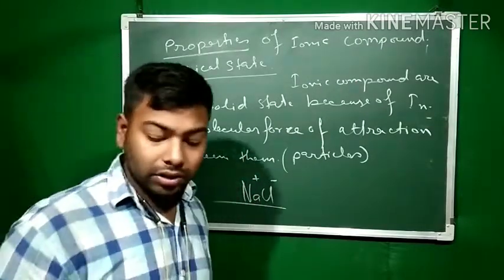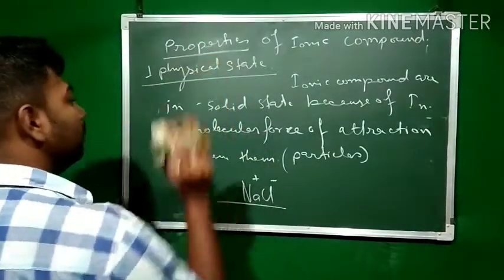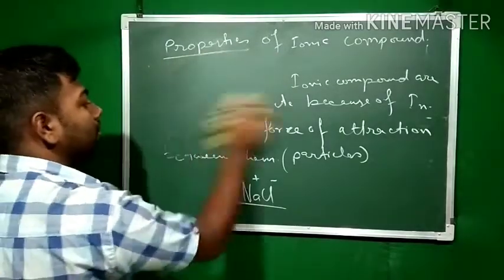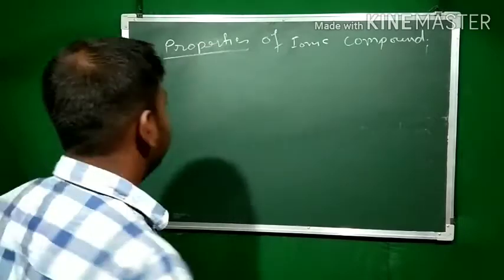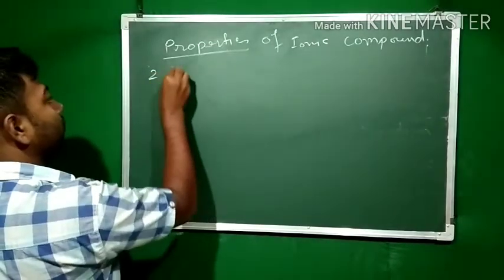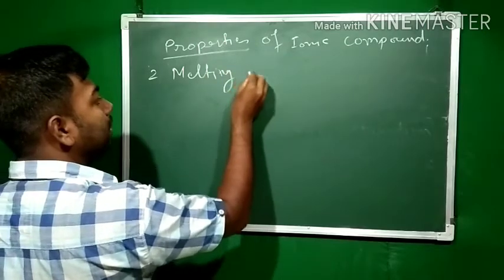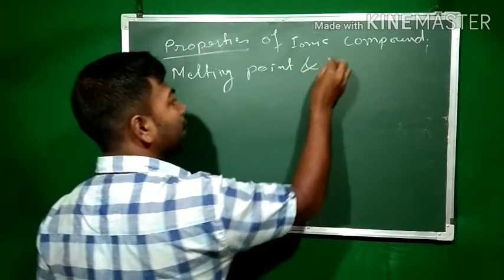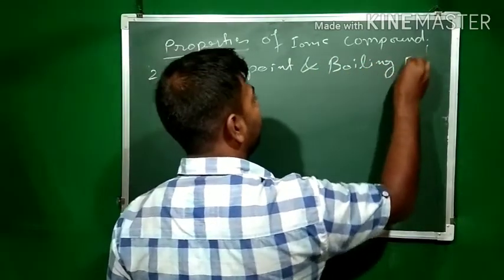Okay. Now see the next property. Next property is melting point and boiling point.